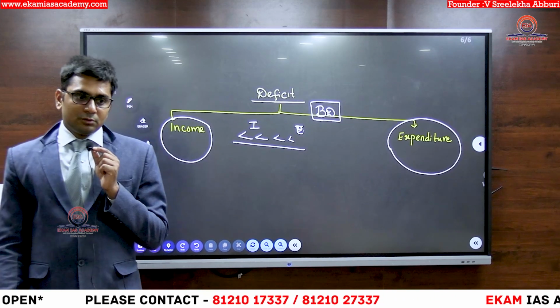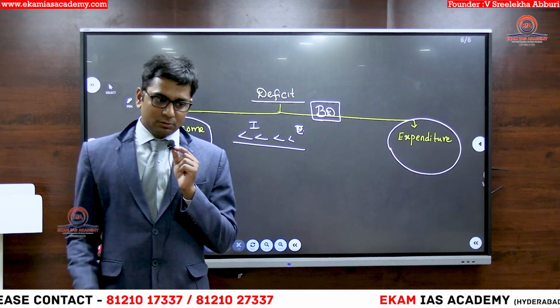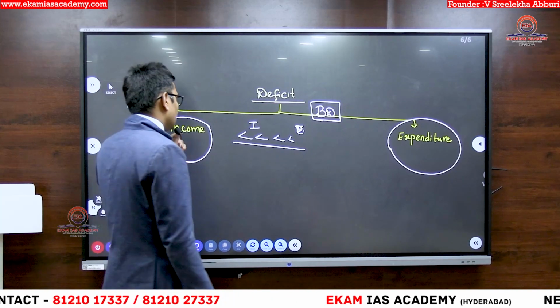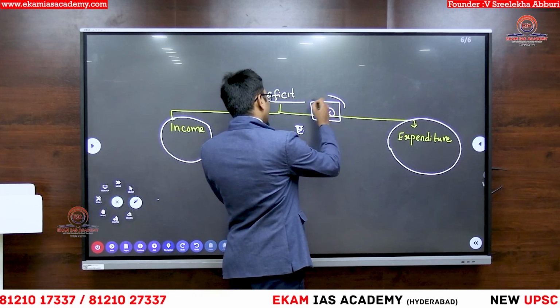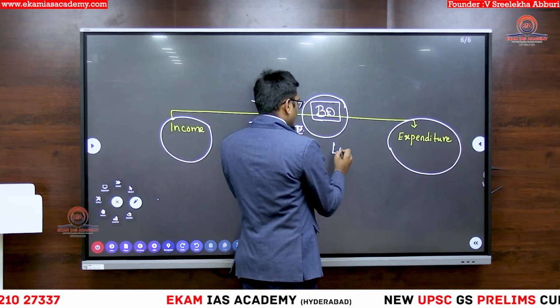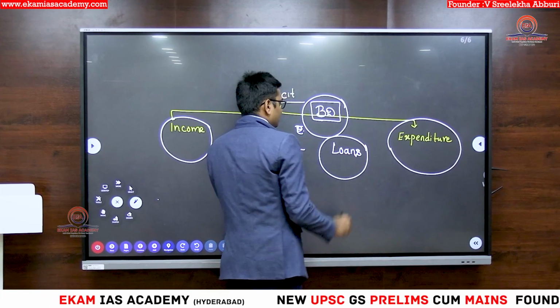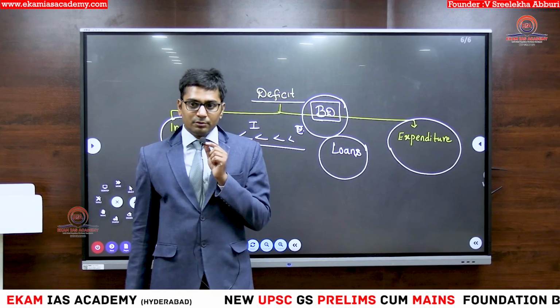Full stop. So whenever budget deficit is there, what do you have to do? When budget deficit is there, in order to meet that budget deficit, government normally takes loans. Next line.